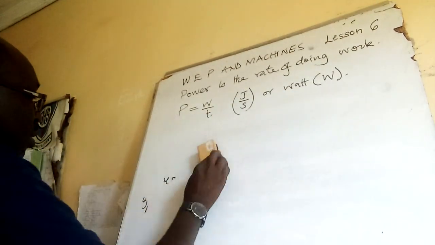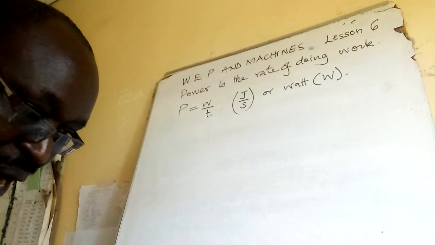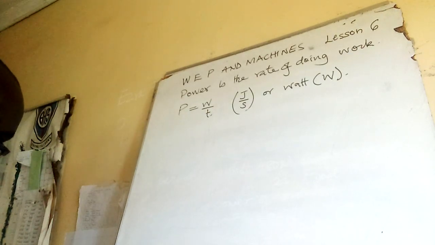Okay, yeah. So a person weighing 500 newtons takes 4 seconds to climb upstairs to a height of 3 meters.